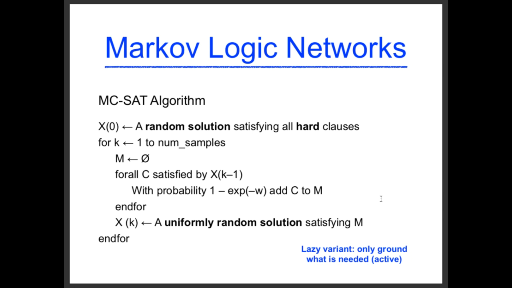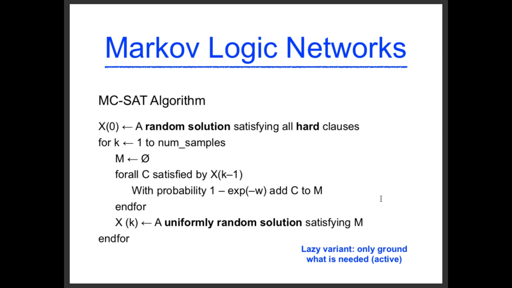And this is how MC-SAT works. And again, it requires the ground network. There is also what is called in Alchemy a lazy variant, the LazySAT algorithm, which requires you to ground only what is needed during the algorithm.